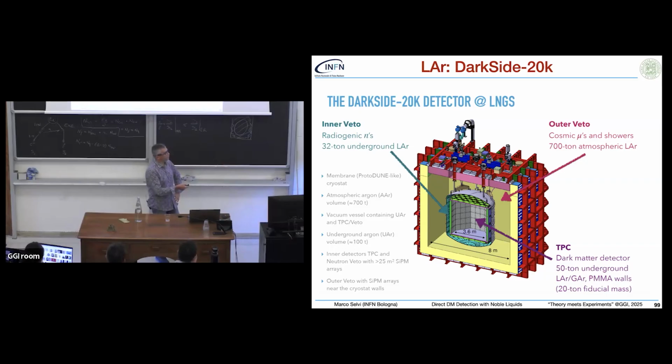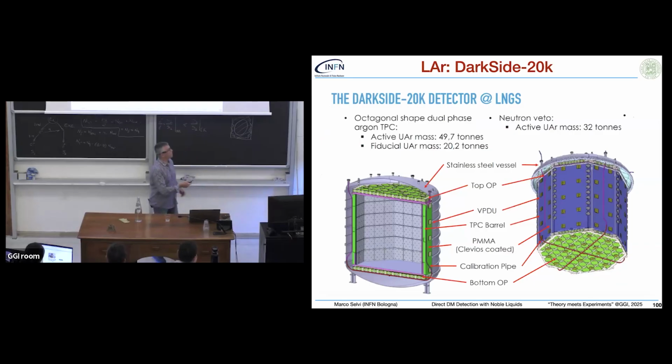Inside the cryostat there are two layers. In the center there is the TPC, and the layer between the TPC and the cryostat is used as a Veto, again for neutrons.